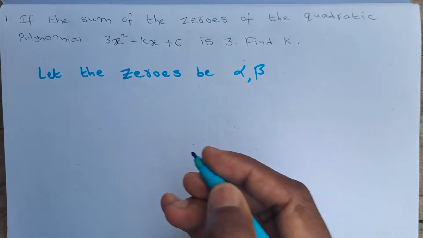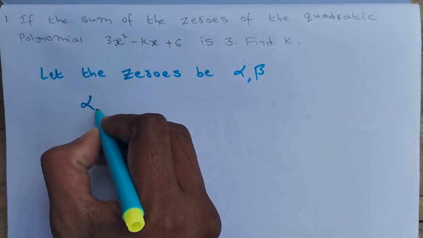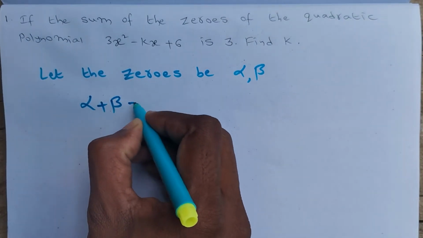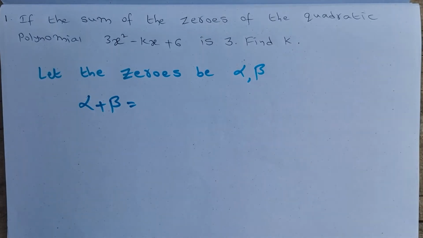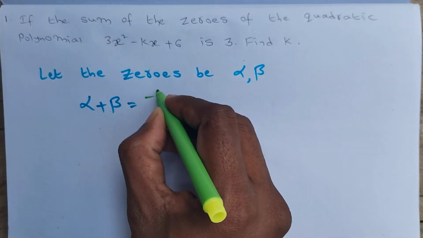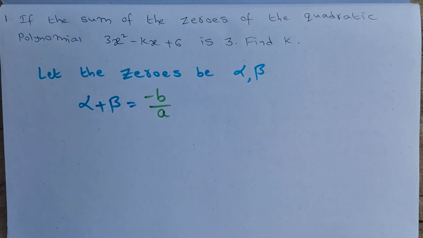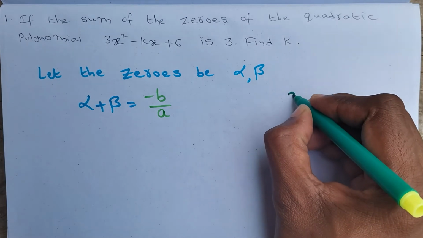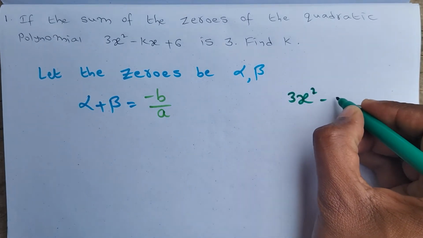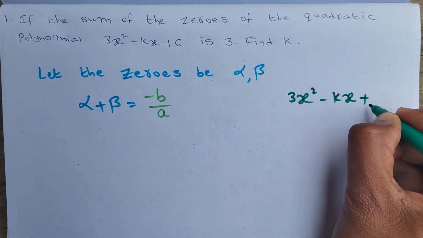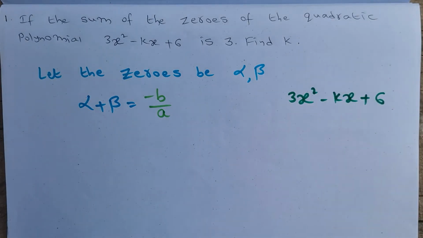Sum of the zeros, alpha plus beta. The formula for the sum of the two zeros is alpha plus beta is equals to minus b by a. Now let us take the polynomial which they gave, 3x square minus kx plus 6, and write the a, b, c values.